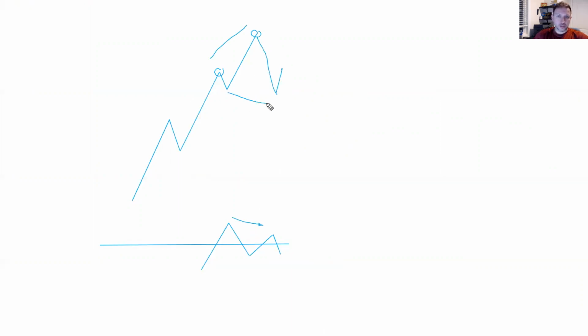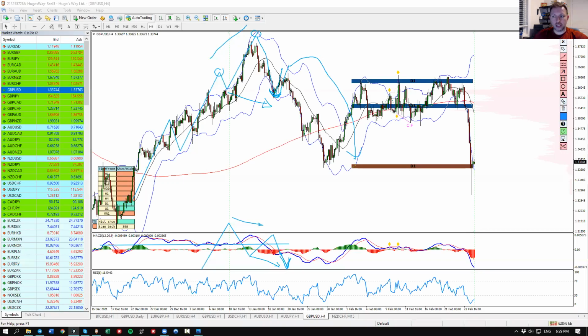And this is where convergence happens, when the price flips the trading structure and makes lower lows, and the indicator follows to make lower lows as well. Usually from here we get some sort of a pullback. Sometimes it's small, sometimes it's a bit bigger, and then we can expect further trend continuation.